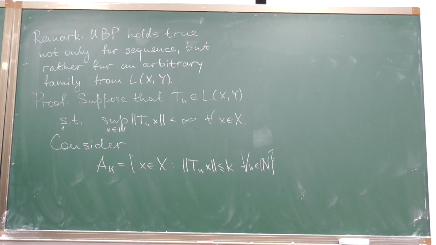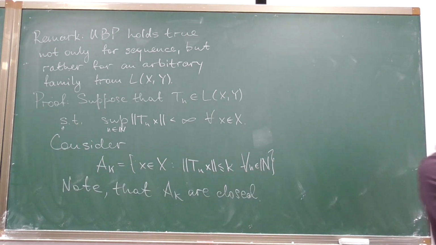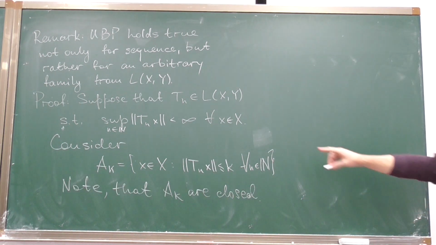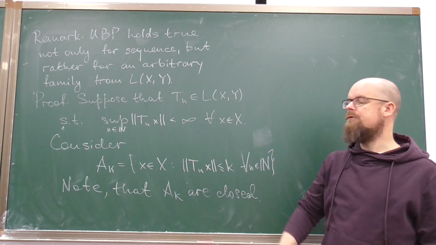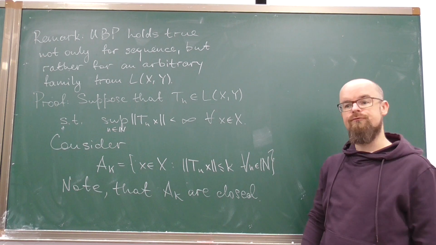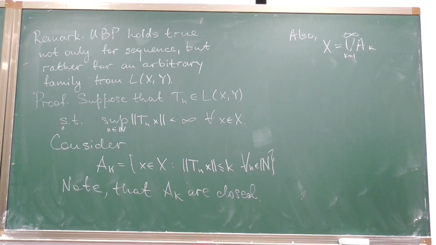It is easy to see that all of these sets are closed, and also this condition guarantees that the union of all A_k equals X. Which means in particular that the union of all these sets contains an open ball of X.